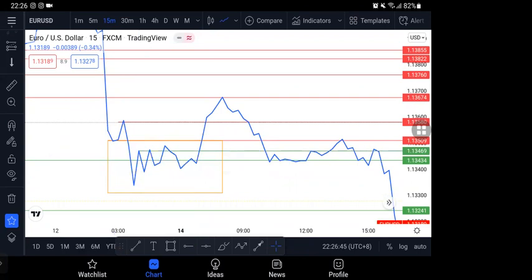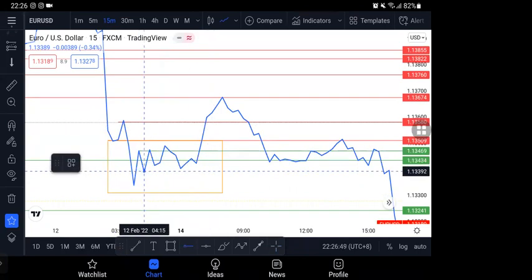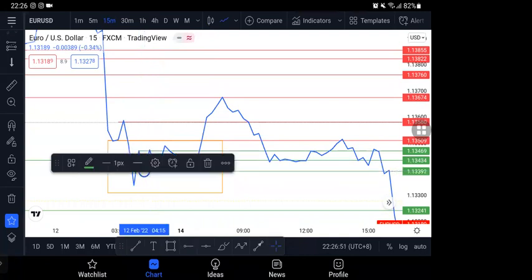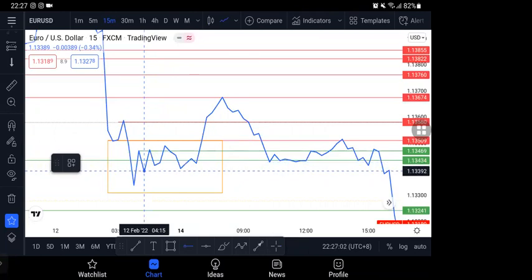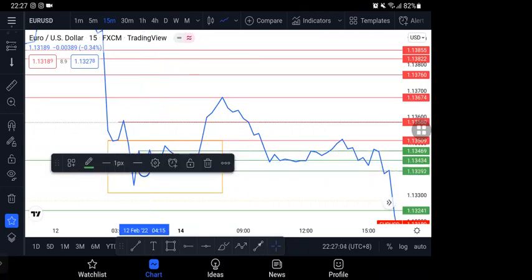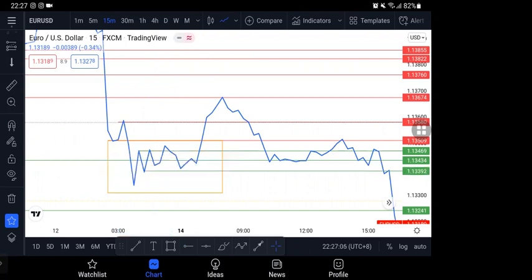In order to make a breakout, price needs to break this one. This is the most recent structure that the market has to break out to indicate the sell setup is going on. There is a momentum on sell setup.